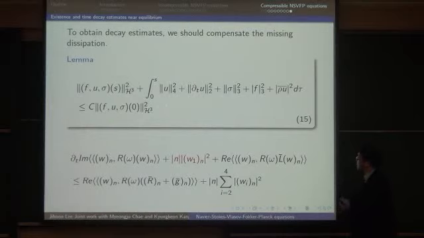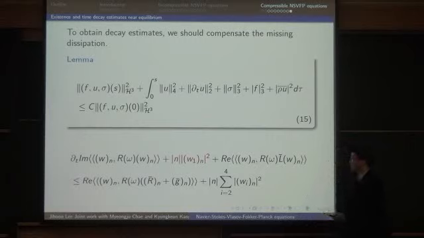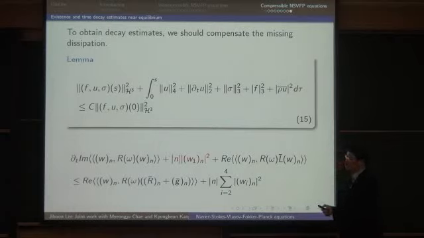To compensate the missing dissipations, we consider Kawashima compensating functions, which is a standard method. Initially the Kawashima compensating functions were introduced by Professor Kawashima at Kyushu University, and the Fokker-Planck case has been studied by Tong Yang and other mathematicians.